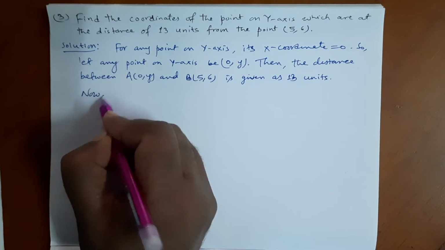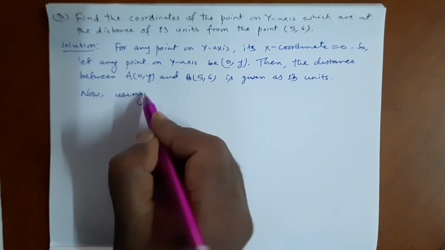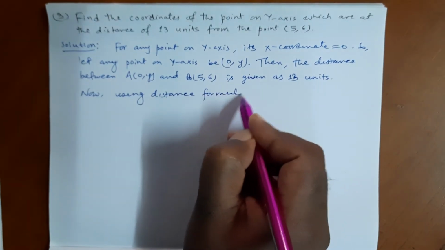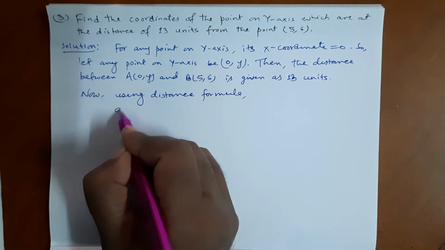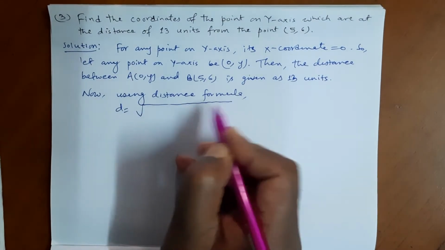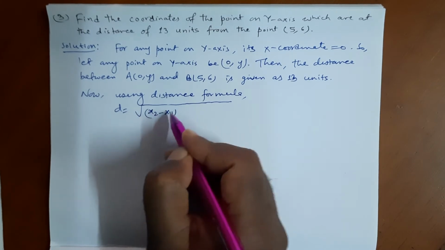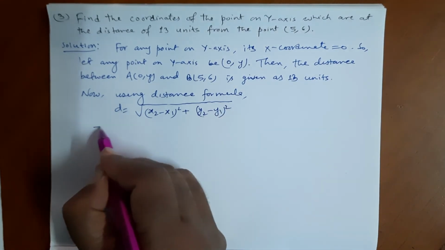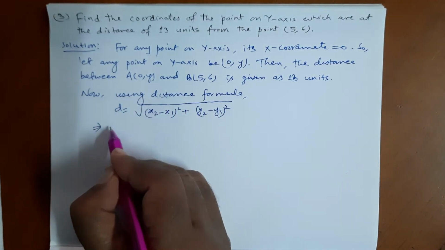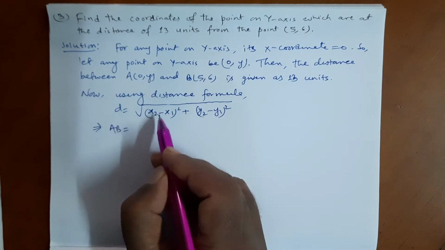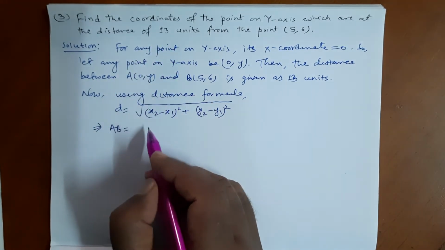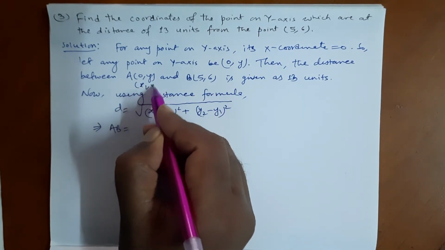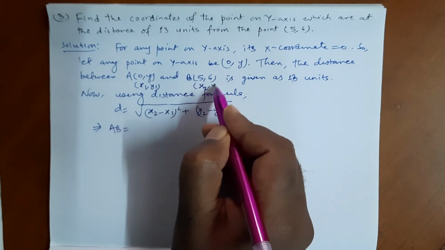Now using the distance formula, our distance formula is d equals root over (x2 minus x1) square plus (y2 minus y1) square. So our distance is the distance AB, which is given. Here you can suppose one point to be (x1, y1) and the second point to be (x2, y2).